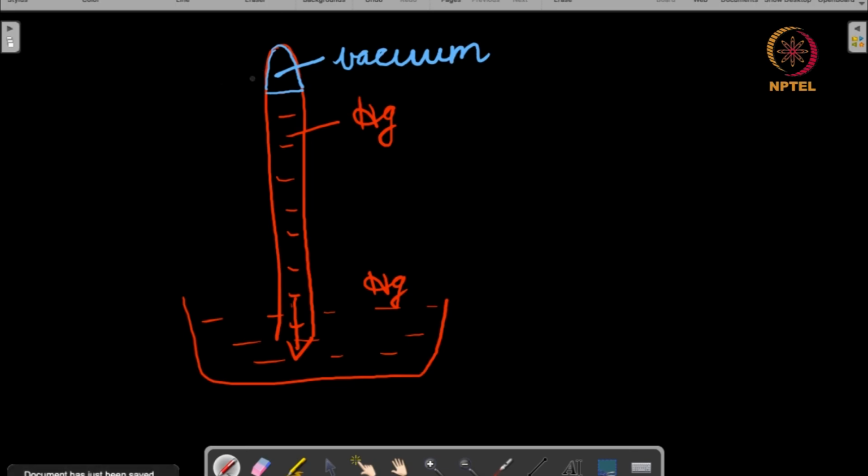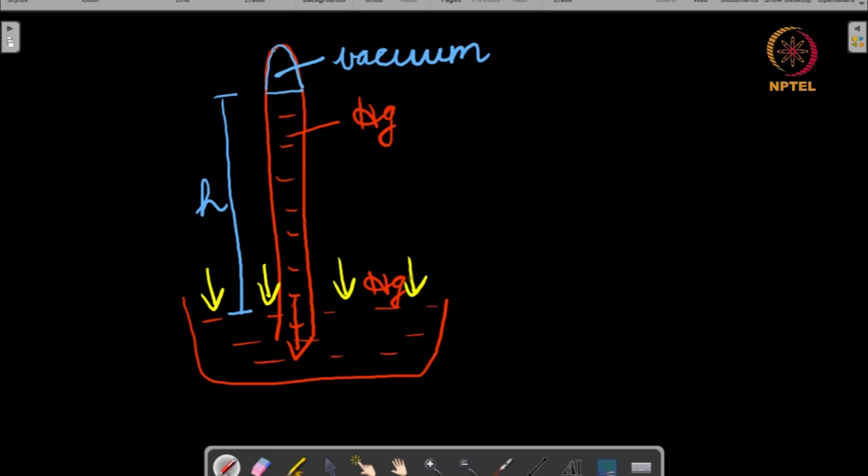Now, the height of this column is an indication of the amount of atmospheric pressure. Why? Because when you consider this tube, then this much amount of mercury is not going down into the vessel, because it is being balanced by the atmospheric pressure that is acting on this free surface of the vessel.